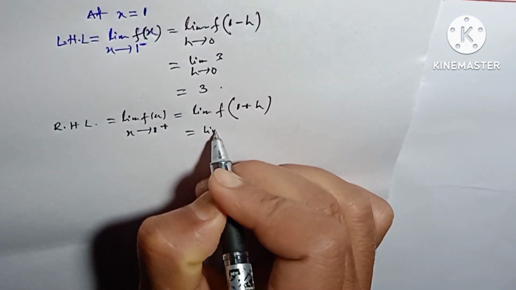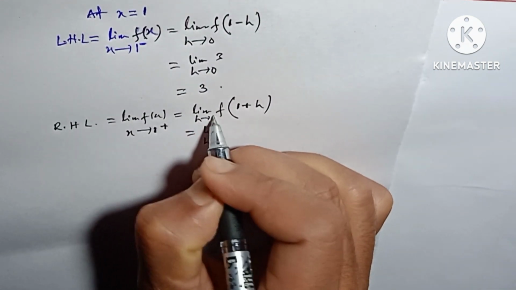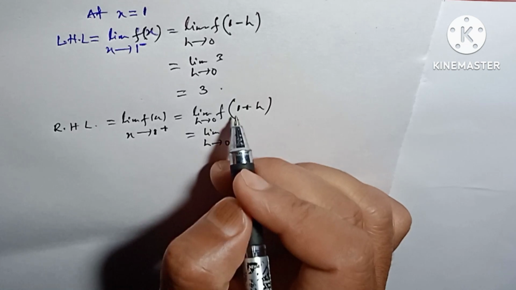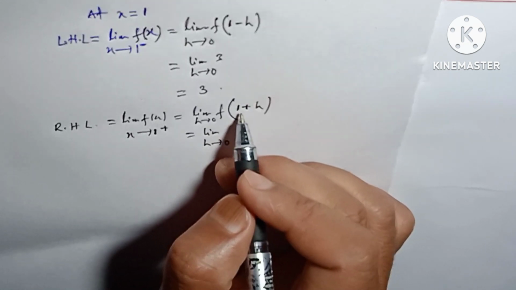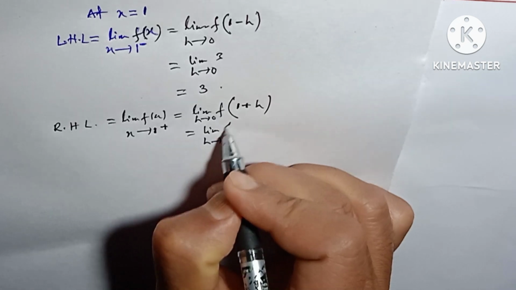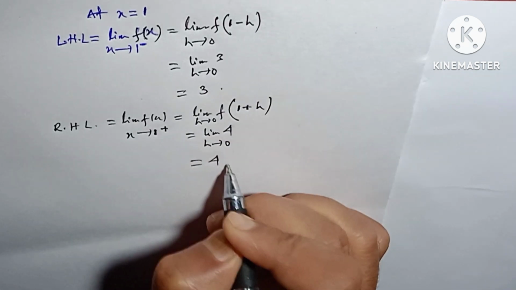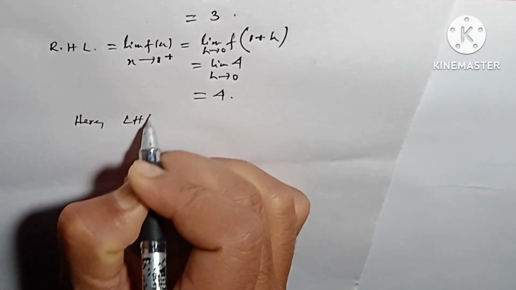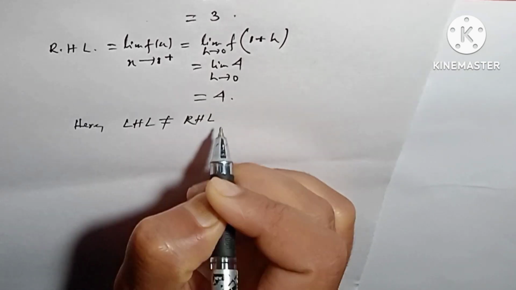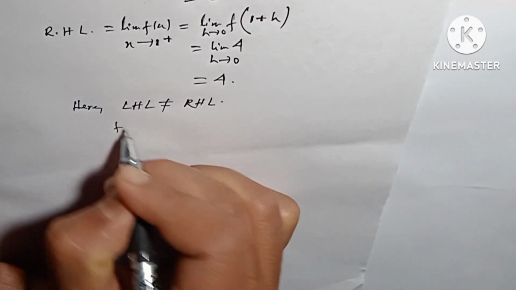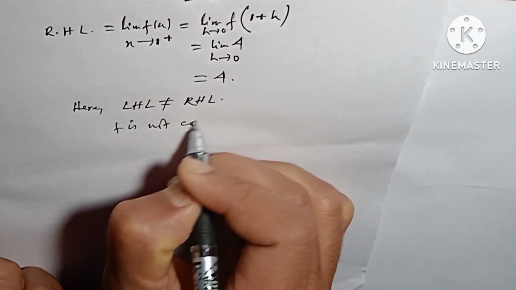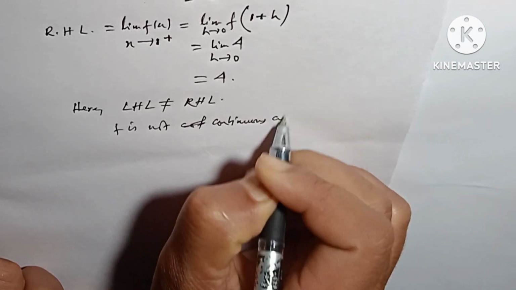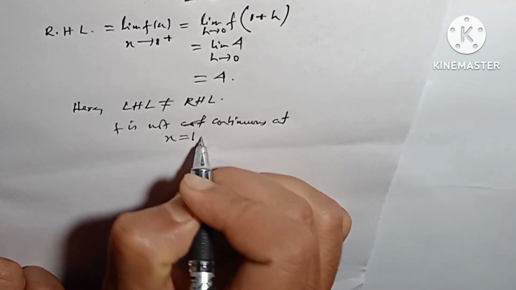The value is equal to 4. Here left hand limit does not equal right hand limit, hence f is not continuous at x equal to 1.